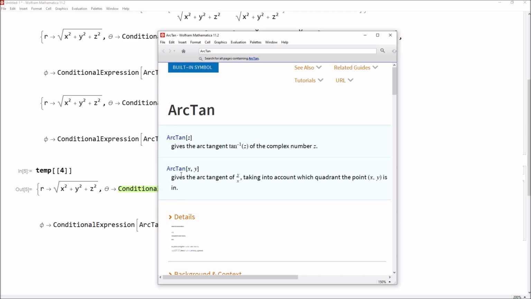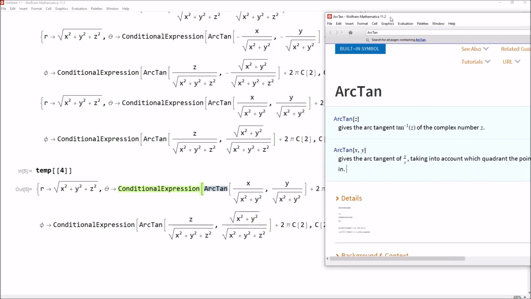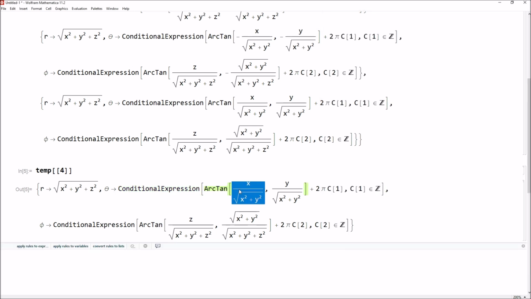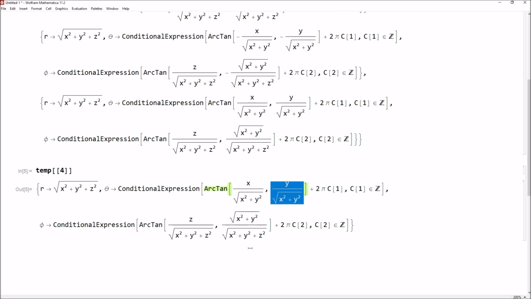There we go. But for whatever reason, they expect the x component to be the first input argument and the y component to be the second input argument. So again, this is arctangent or inverse tangent or atan2, however you want to think about it. But this first argument is the x component, and this second one is the y component.